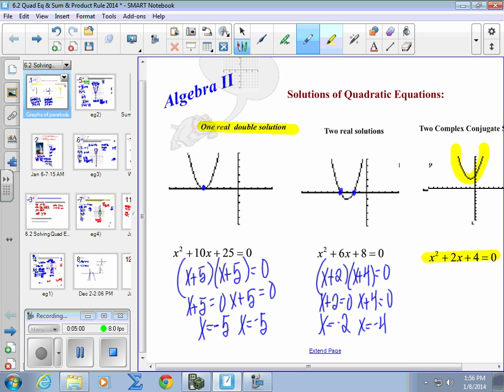You'll notice if you try to factor, there are no factors of 4 that multiply together to give you 4 and add together to give you 2. Now, without actually graphing it, you could not really look at this to tell me that the roots are imaginary, but because the curve never intersects the x-axis, it has 2 complex conjugate roots or 2 imaginary roots.